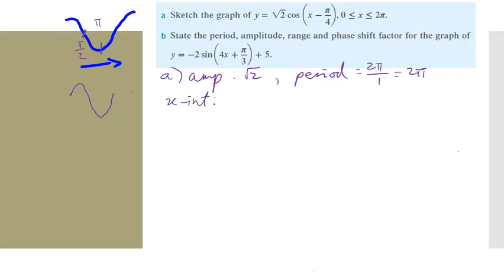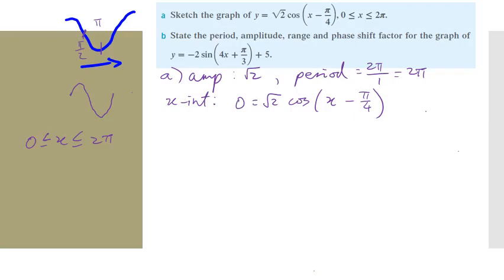Alright, x-intercepts, how do we do this again? Yes, but what do we need to do first? Anyone remember? We have to change our domain first, remember that? We need to find out our implied domain.